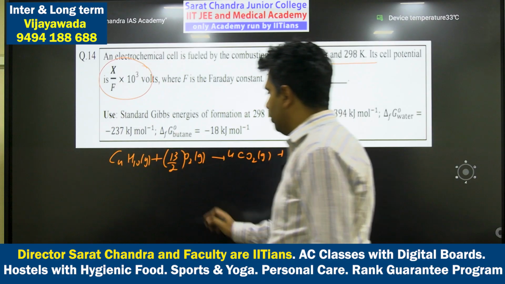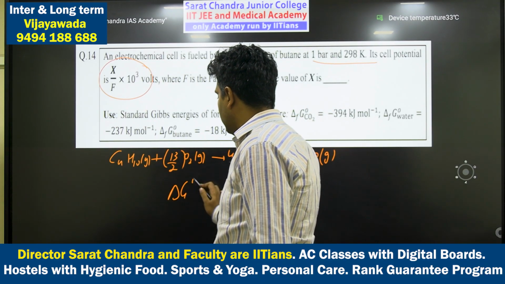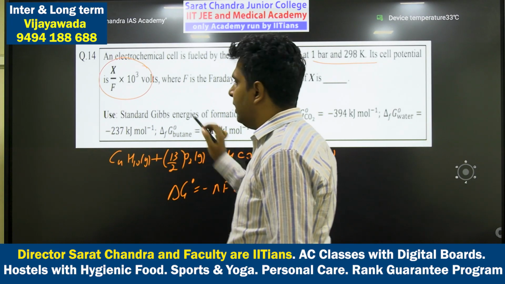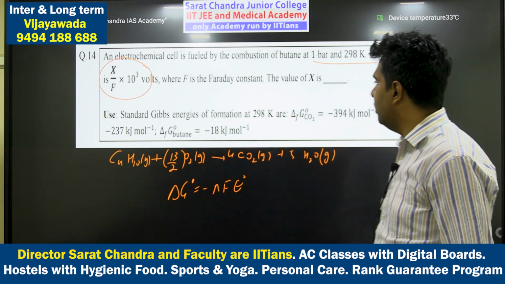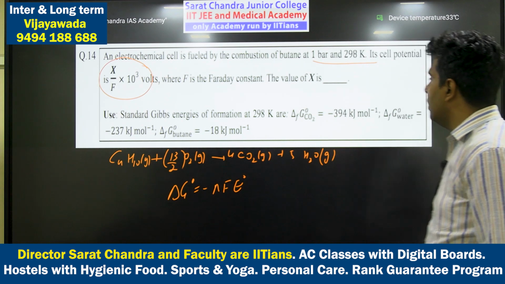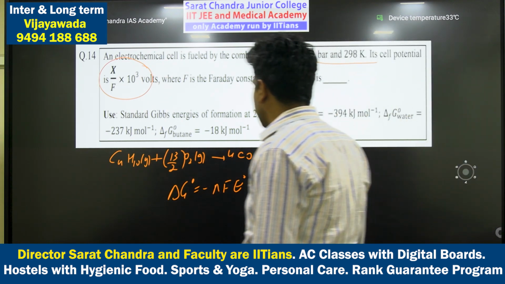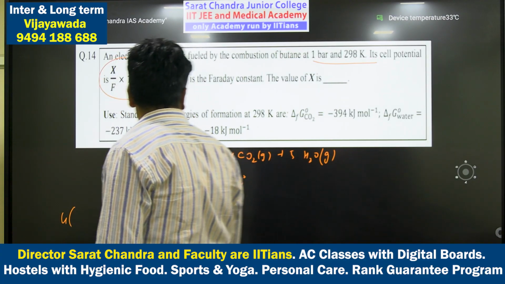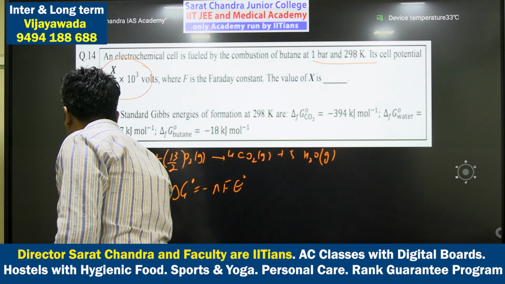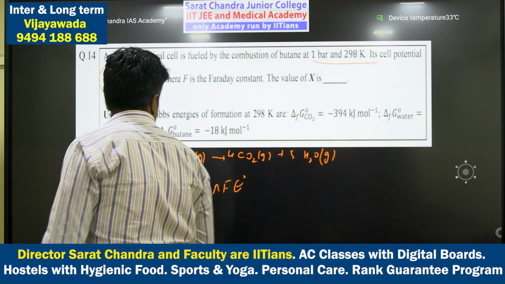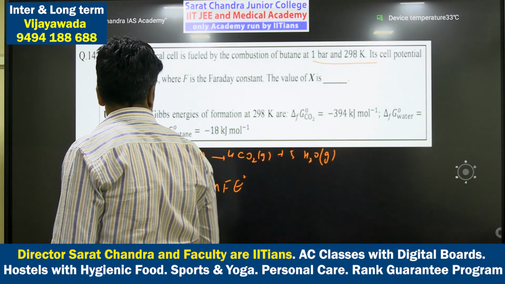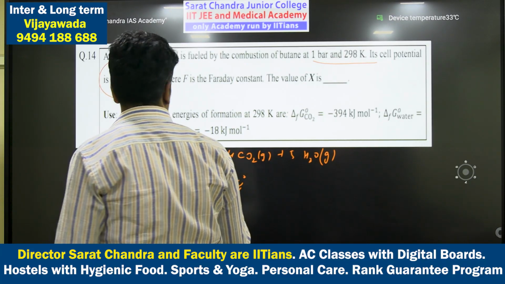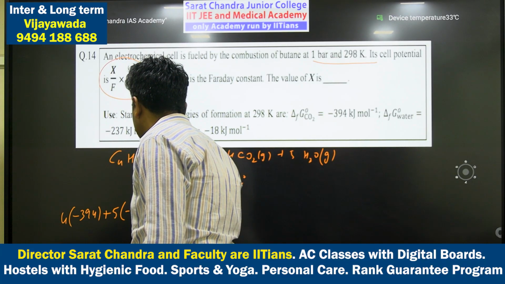So for this reaction, delta G0 can be written as minus NF E0. So delta G0 you can find out from the given over here. So delta G naught for this reaction will be delta G naught of products. So 4 times delta G naught of carbon dioxide, that is minus 394, plus 5 times delta G naught of H2O water, that is minus 237.